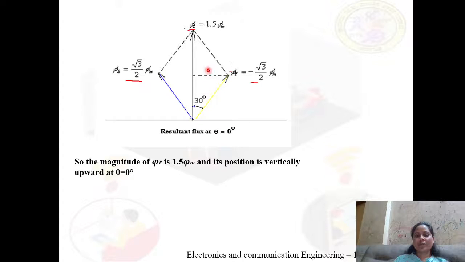The adjacent is this length divided by 2, and the value of this hypotenuse is root 3 by 2. When we simplify, we get the total flux as 1.5 times phi maximum. So by looking at this diagram, the magnitude of the total flux produced is 1.5 times phi maximum, and its position is vertically upward.